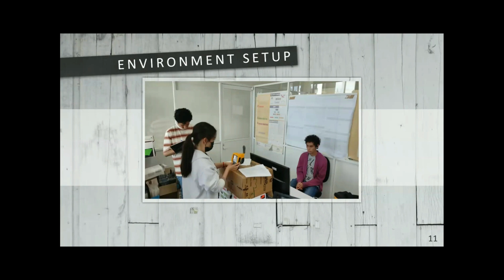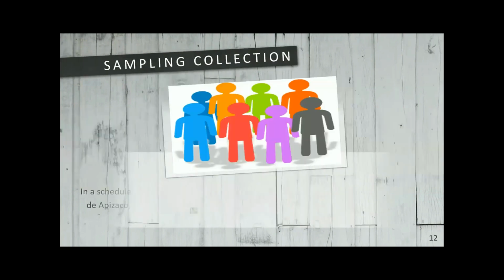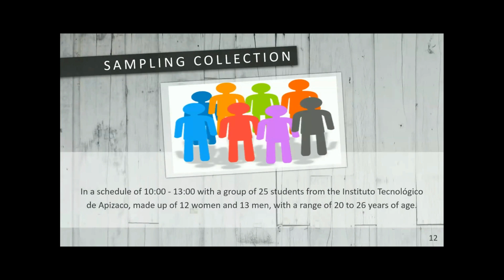We take pictures with a thermal camera. The model is a Fluke thermal camera TI32, and we take 2 images in the RGB plane. So for the sample collection, we choose a schedule of 10 a.m. and 1 p.m. Why?